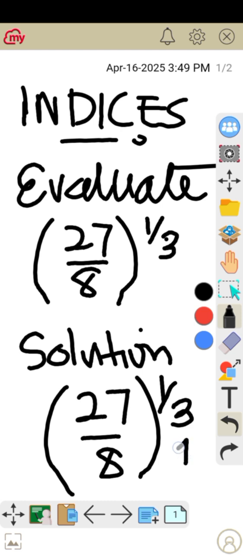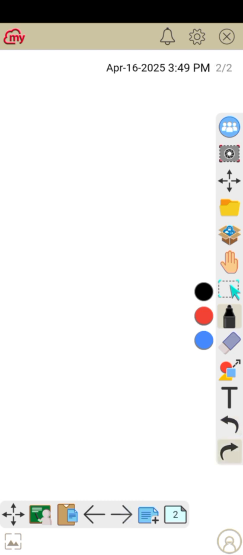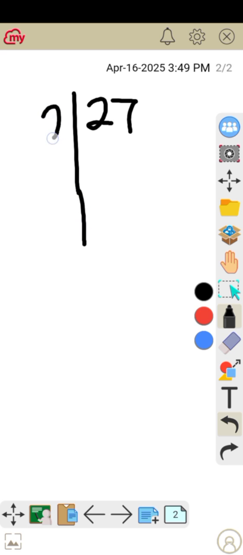Because there is this 3 outside. That is the clue. So 27 can be divided by 2? 2 into 7 is 3, remainder 1. So 2 cannot go.